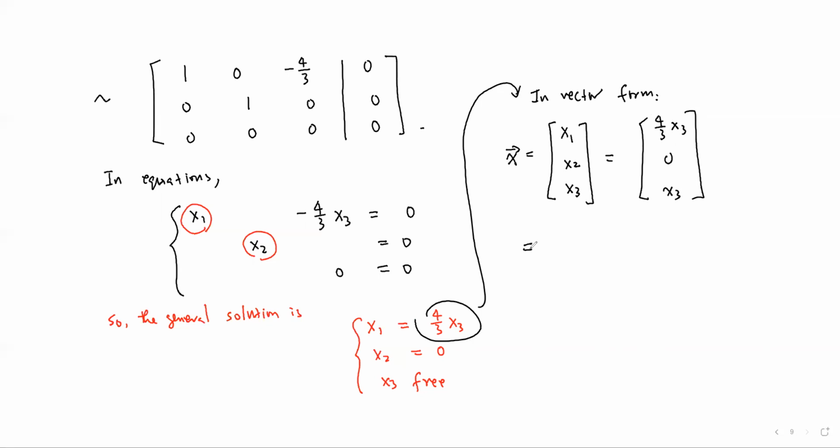Take x3 outside the vector, then x3 times this vector. Let me call this vector v. So the general solution in vector form is arbitrary x3 times vector v. This is the answer to the second question. Now, third question.